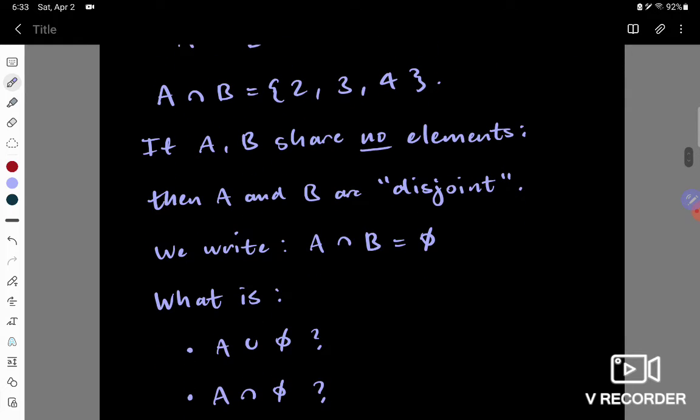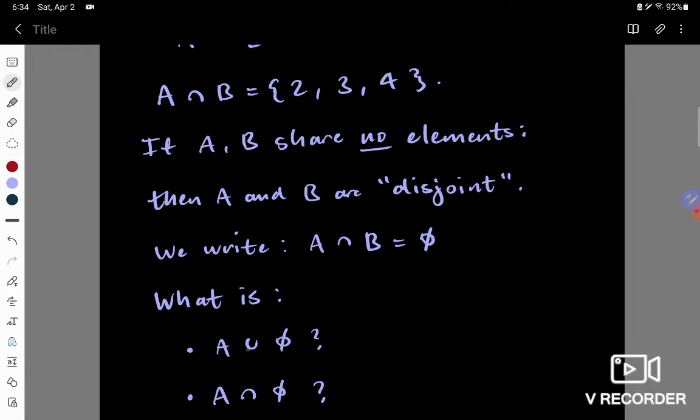Here are two useful questions, because we want to ask ourselves what some of the properties of this empty set are, based on how we can relate it to other arbitrary sets. So we have A union the empty set and A intersection the empty set. Let's think about this for a second.